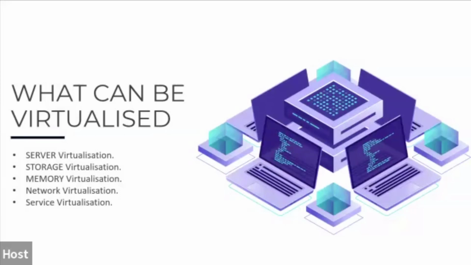Okay. So what can be virtualized? Server virtualization is the virtualization of a server, which we just spoke about, the computer that can be virtualized and made into several different virtual machines. And storage virtualization. Storage virtualization is the hard disk we spoke about. Now, remember, hard disk has two kinds of meanings.